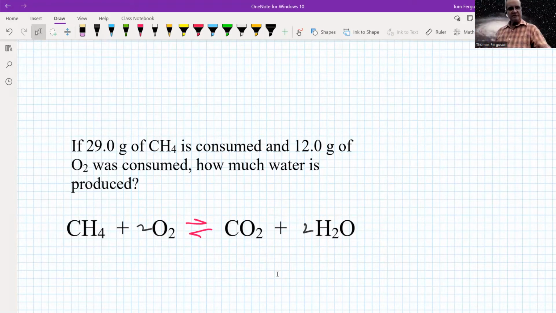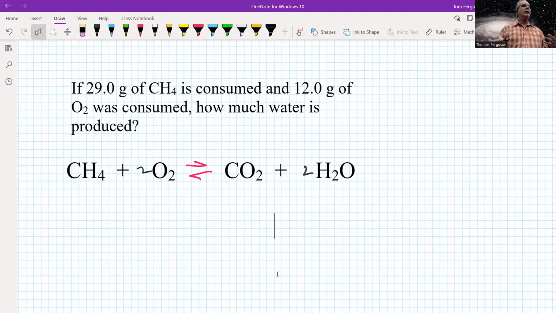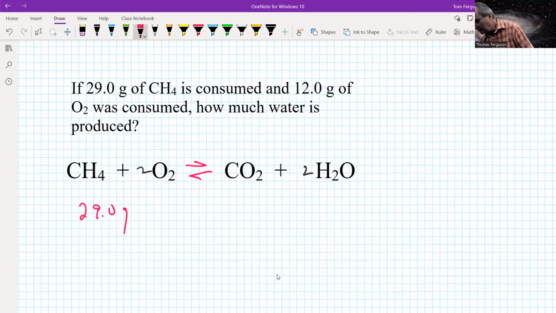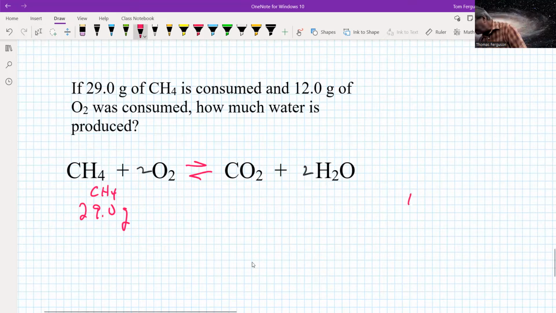So the next thing we're going to do is a setup. Let's just choose one. It's totally arbitrary which one you choose first. So let's just choose the methane. We want to see how much water just the methane by itself will make. We want water over here.